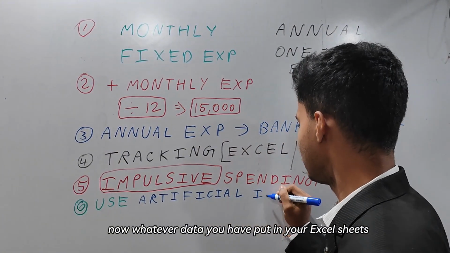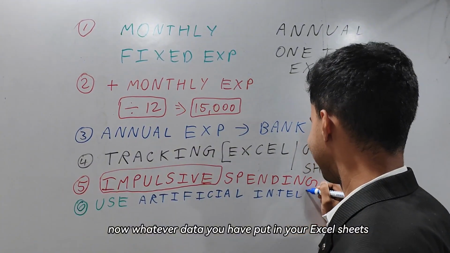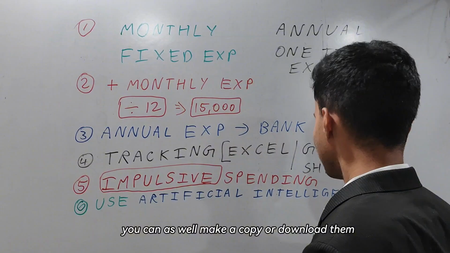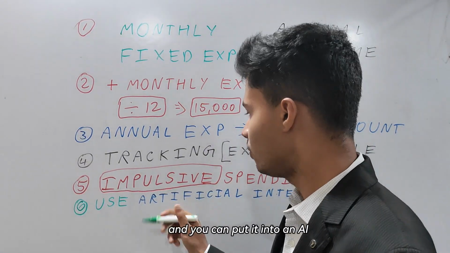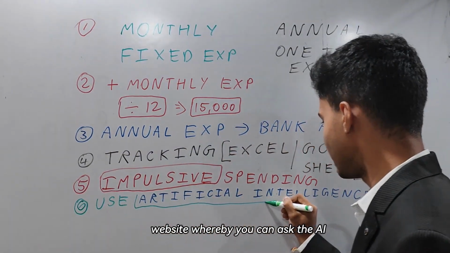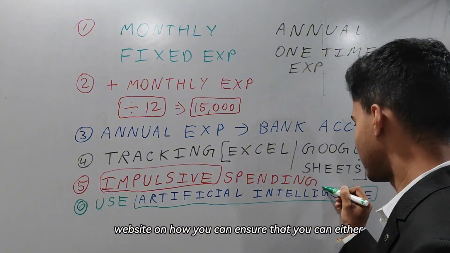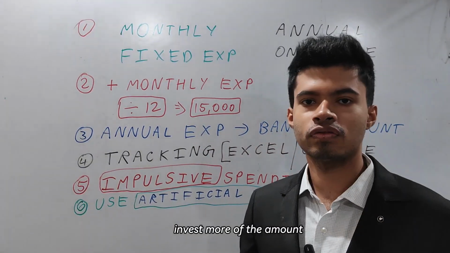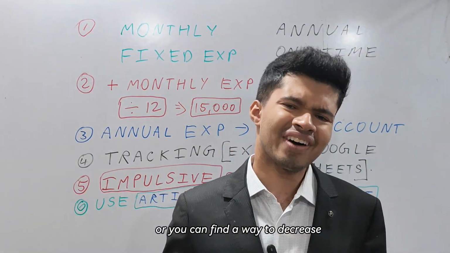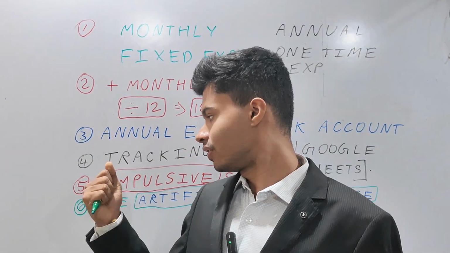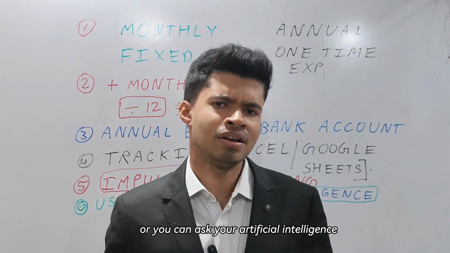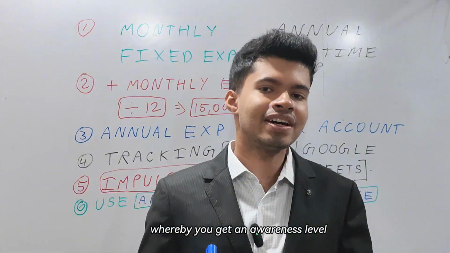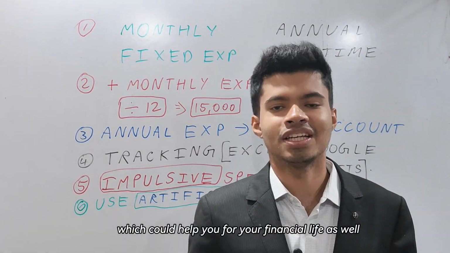Whatever data you have put in your Excel sheets or your Google Sheets, you can make a copy or download it, and put it into an AI website, where you can ask the AI how you can invest more of the amount, or find a way to decrease your impulsive spending, or ask different types of questions whereby you get an awareness level which could help your financial life as well.